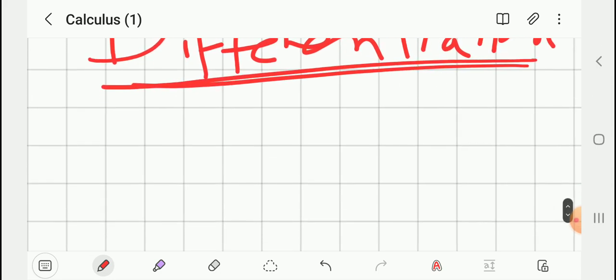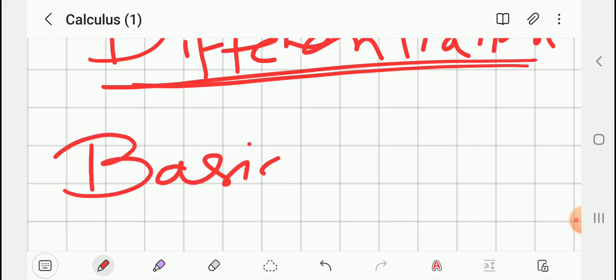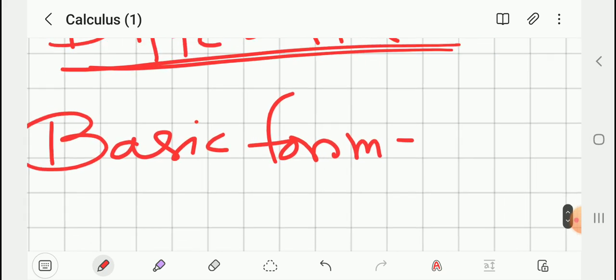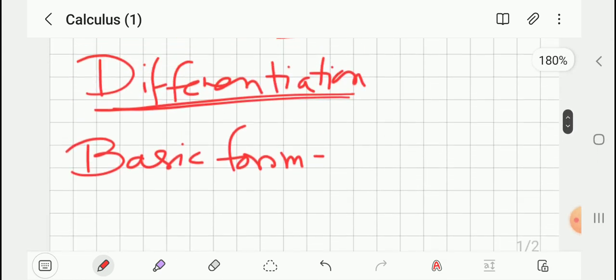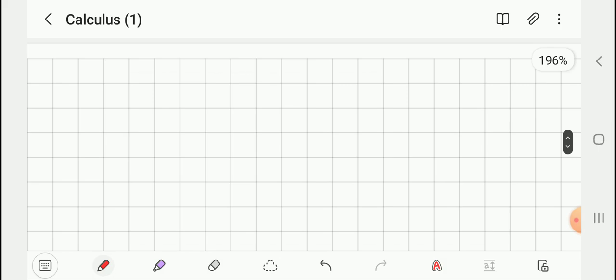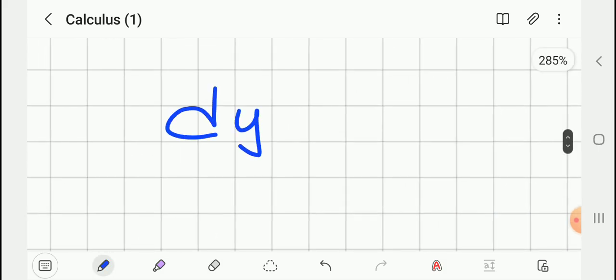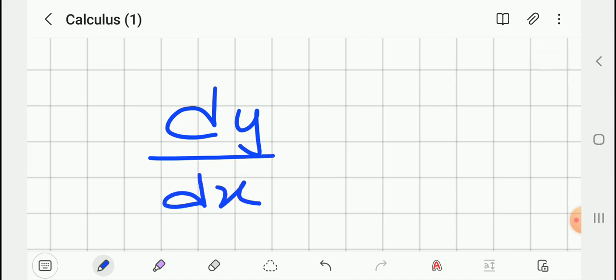The basic form of differentiation is exactly called dy by dx. Now don't be scared or confused. What is this d thing? We can't cancel d, we can't do anything with d.